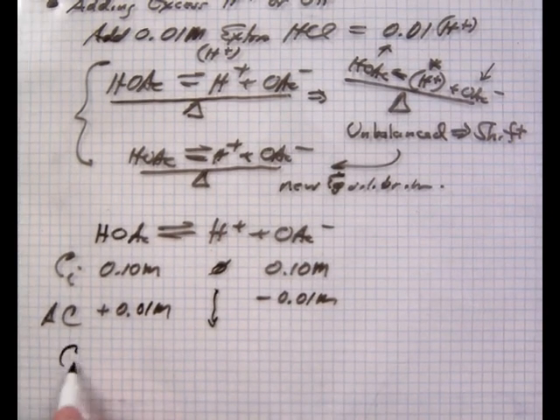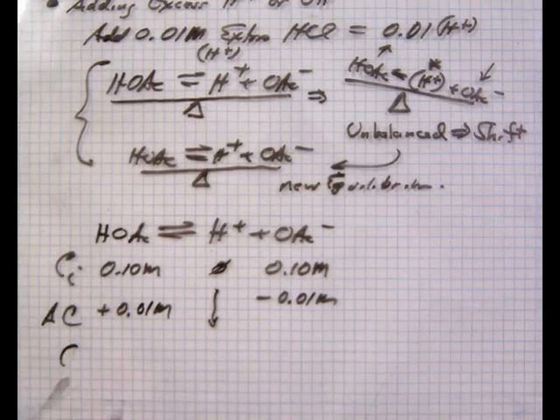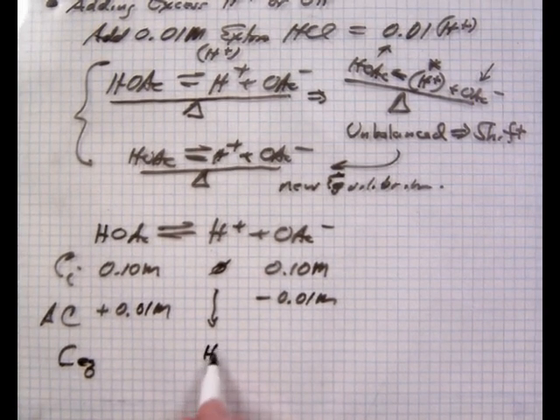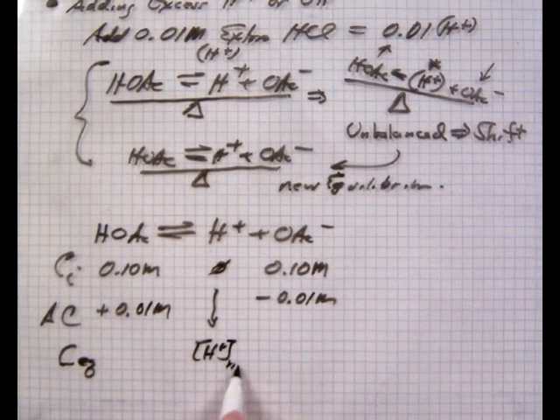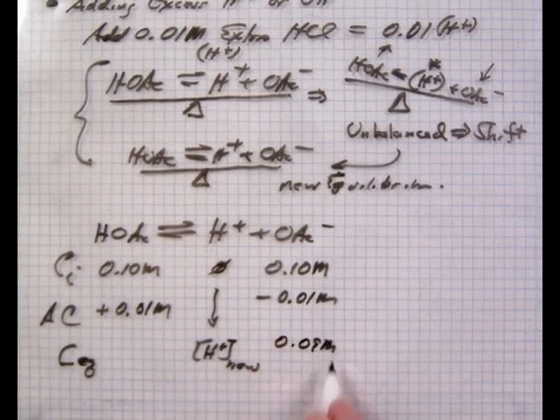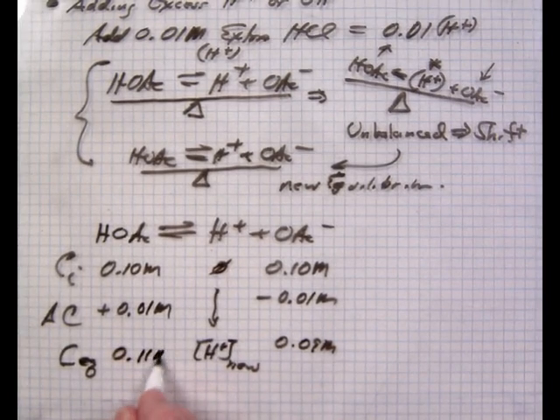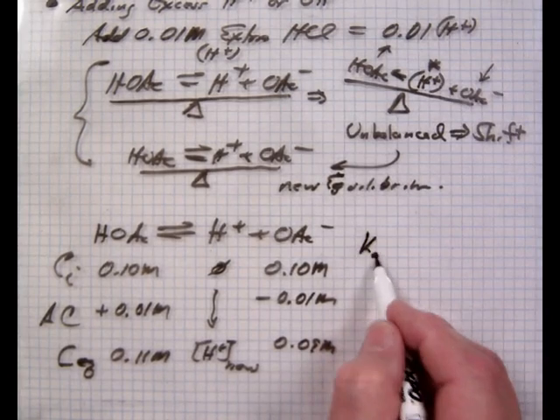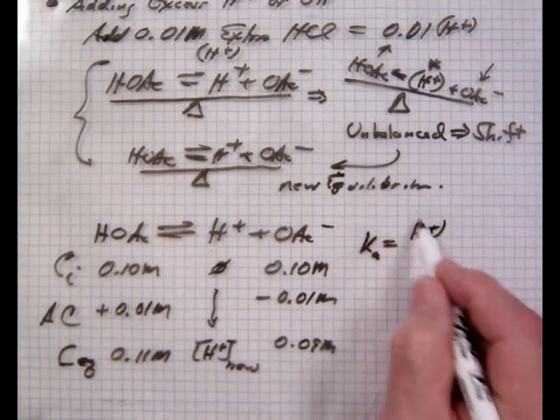And so at equilibrium, you get a new hydronium ion concentration, and this would be 0.09 molar, 0.11 molar, and that's your new equilibrium concentrations.